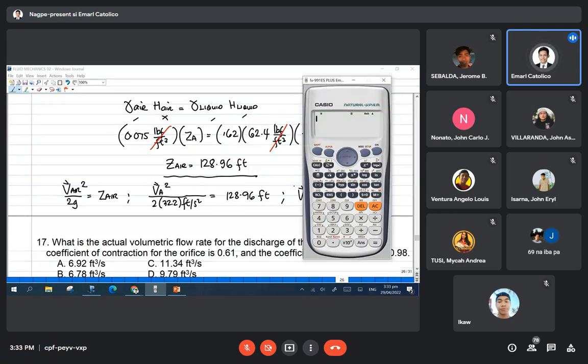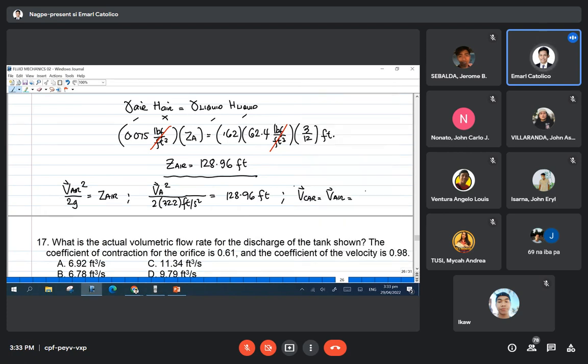Ay, bakit ba dinivide? Multiply pala. 128.96 times 2 times 32.2. Yan, 91.132. Unit natin dito is feet per second.